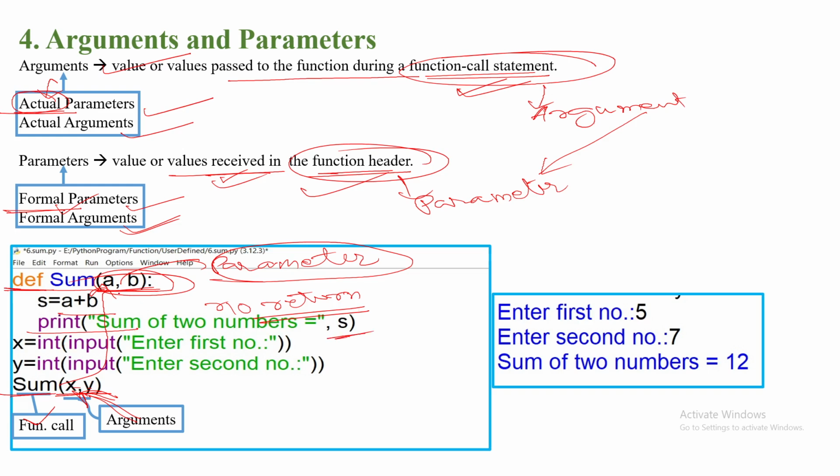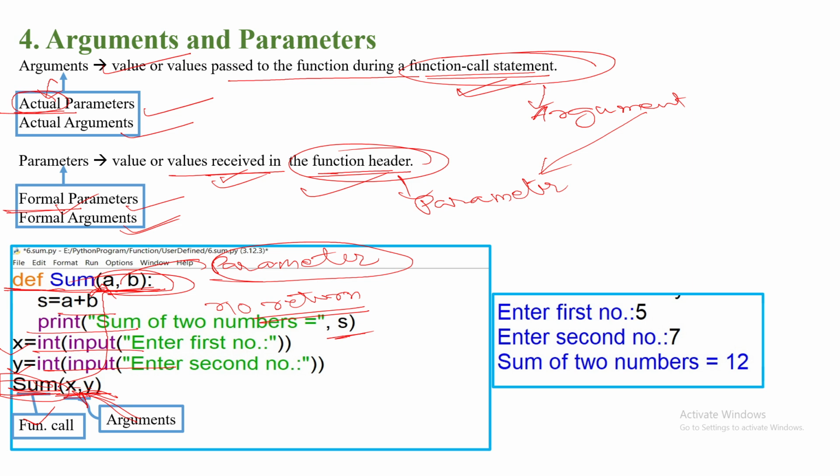Now two parameters I am passing, so I need two values, which is why I am taking x and y as input. Then I call the function. The function header name and function call name must be the same. If you change the capital and small letters, it will not work, remember that, because Python is a case sensitive language.